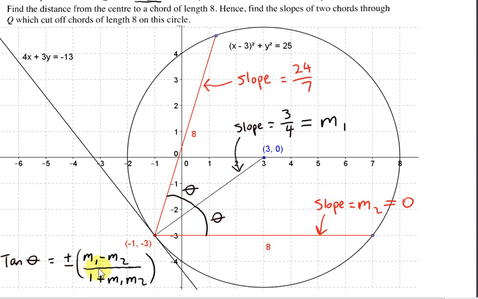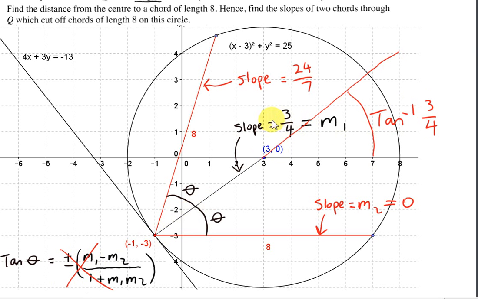Now if you know nothing about this formula, you could still do this question by considering the angle that this black line makes with the positive x-axis. Well, we know the slope is 3/4, so you could actually work out this angle. The tan of this angle here is equal to the slope. So this angle is inverse tan of 3/4.